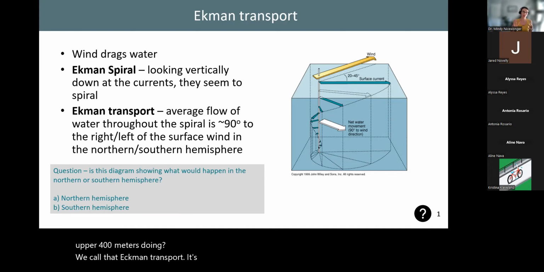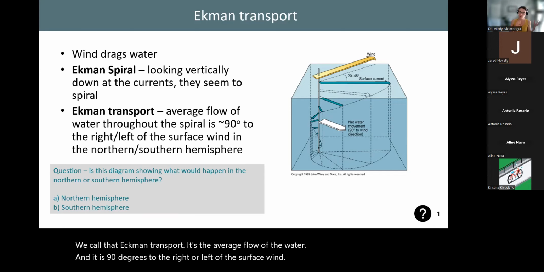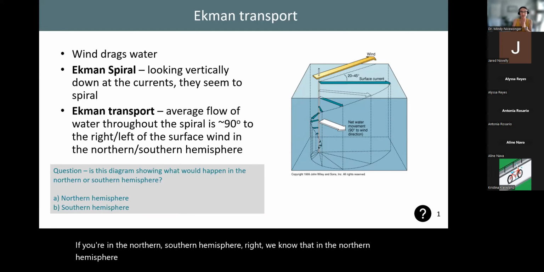It's the average flow of the water, and it is 90 degrees to the right or left of the surface wind, depending on whether you're in the northern or southern hemisphere. In the northern hemisphere, the Coriolis is 90 degrees to the right of flow, and in the southern hemisphere, it's 90 degrees to the left of flow.